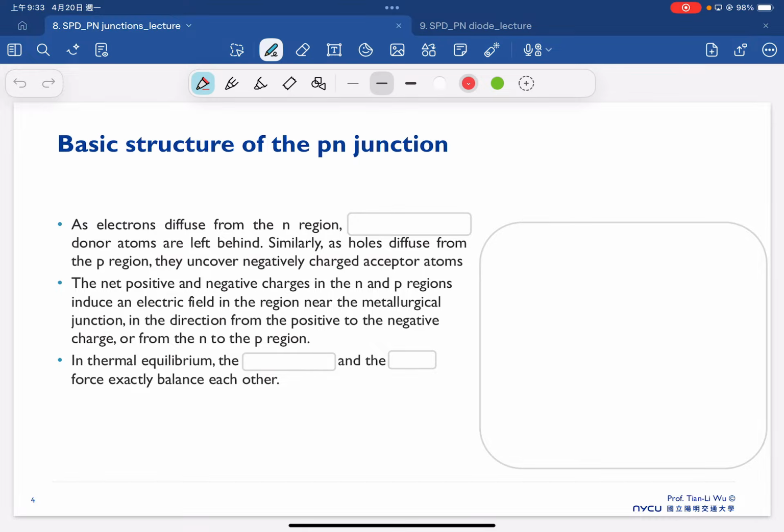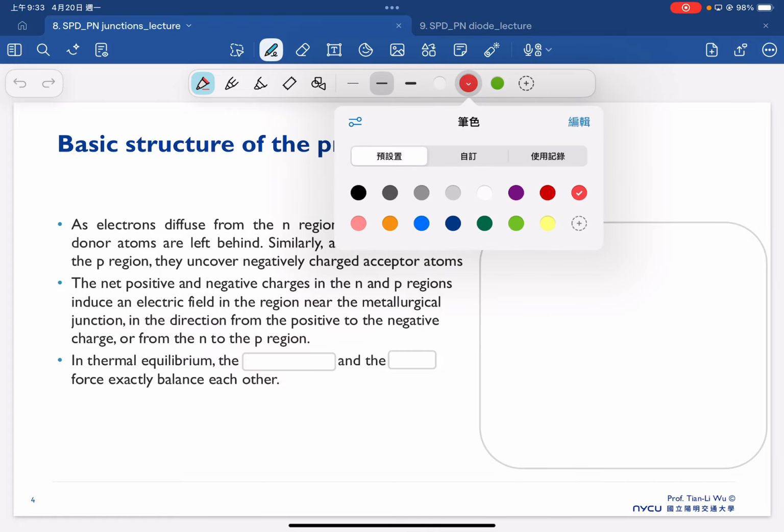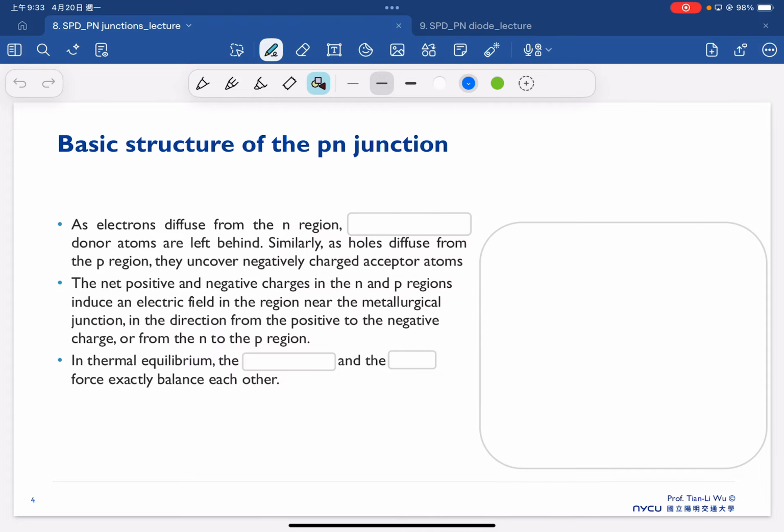Again, if you look at the PN junction here, we have the P on the left-hand side and the N on the right-hand side.